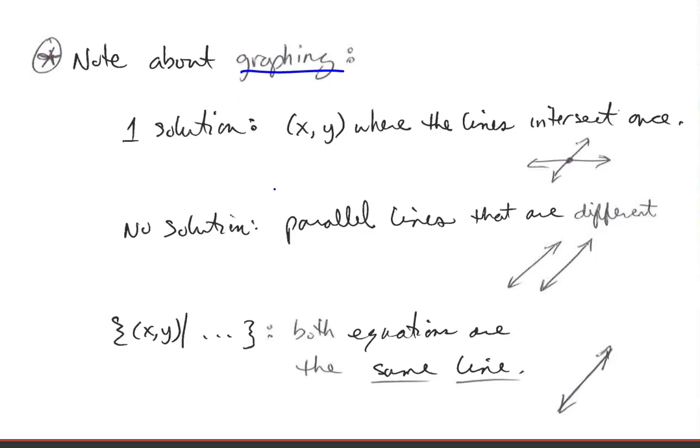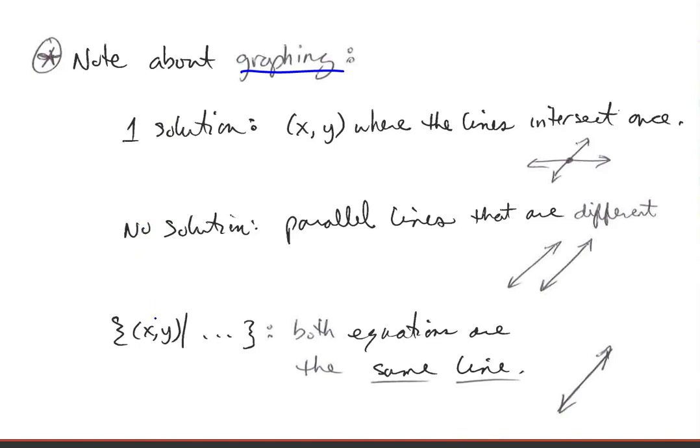But you could also get a scenario where there's no solution. In this scenario, you would have parallel lines that don't intersect, but they're different lines. So if the solution is where they intersect and parallel lines don't intersect, then you would expect there to be no solution.